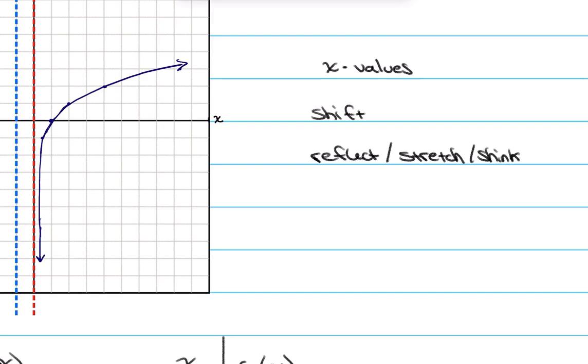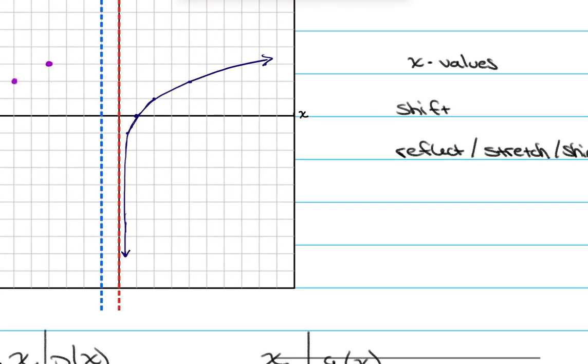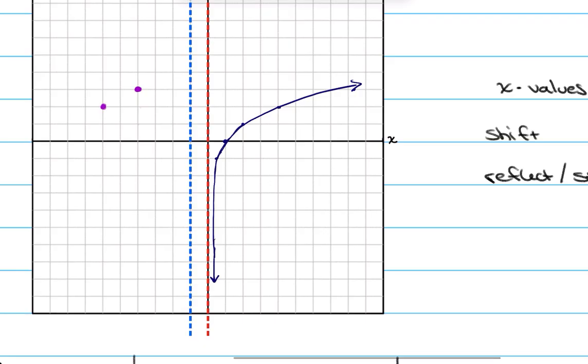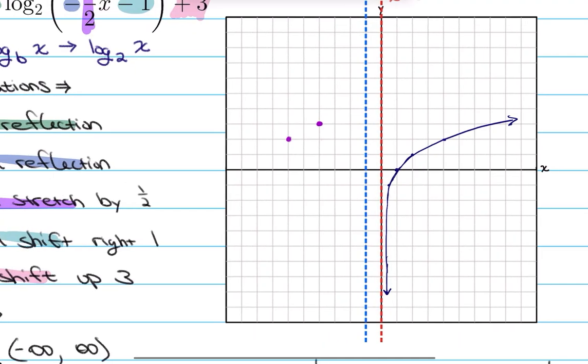You've got to do the shifting first. So we shifted our points and then we reflected them and stretched in this case.